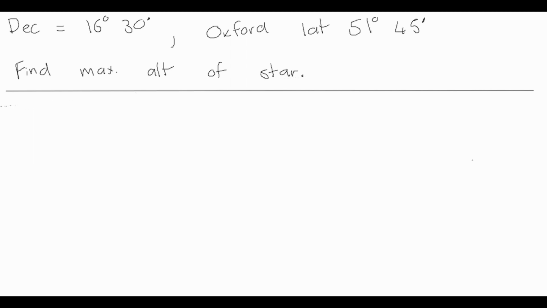It's worth mentioning that declination of a star is the same no matter where you are on Earth. So declination is independent of position or location. Let's call it location. Location on Earth.